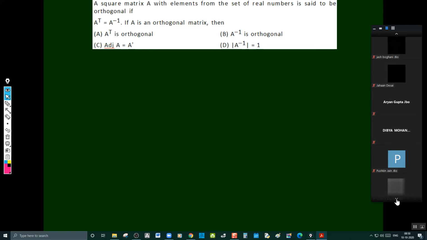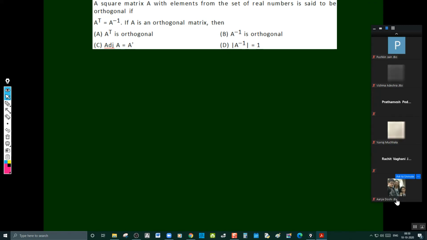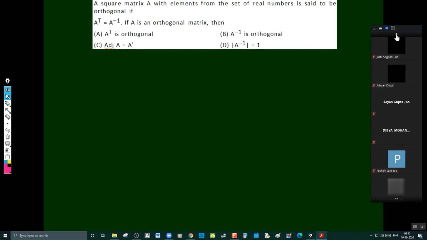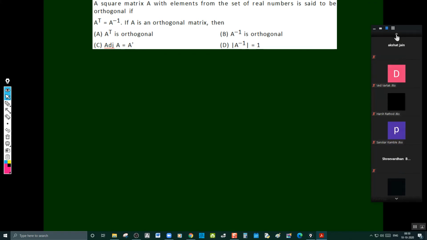Sir, Daksh has no mic, like Prathamesh's situation. Oh, good boys, both are good boys. Right. Yes, sir. Read the question once, please. Write the matrix data and tell me the data.